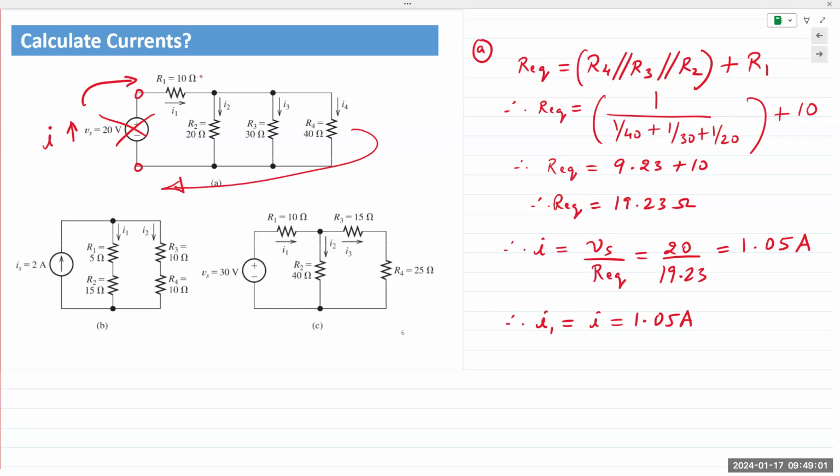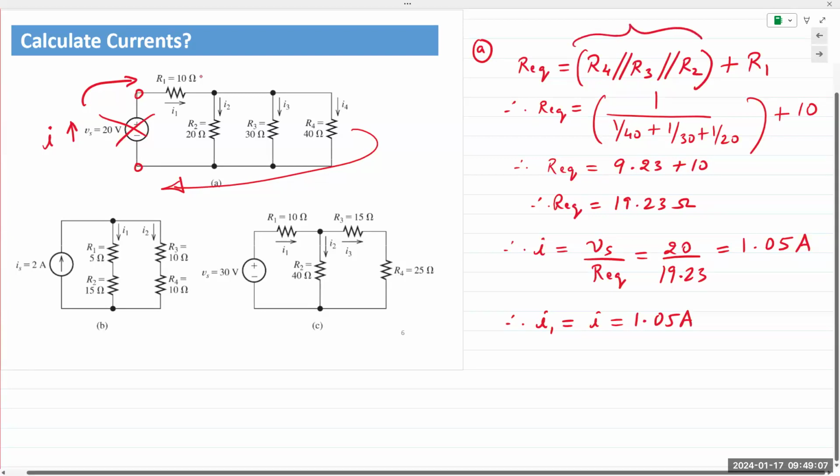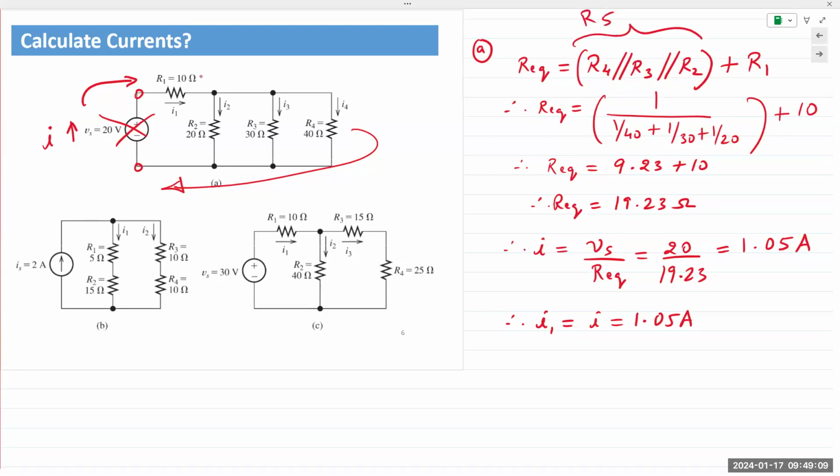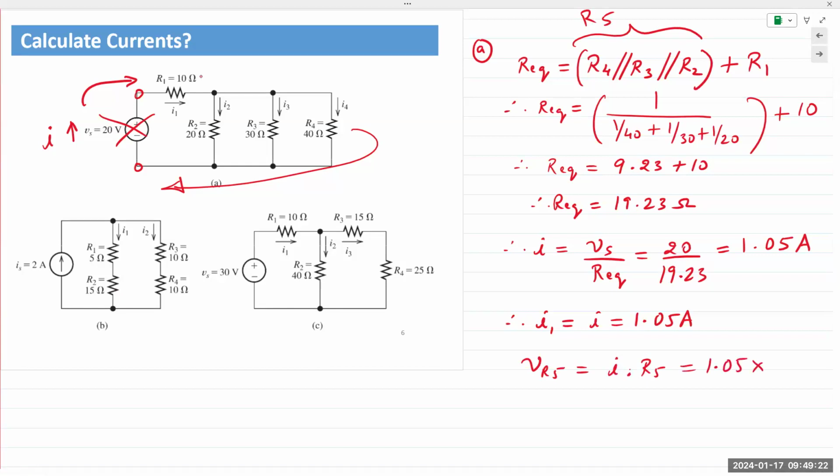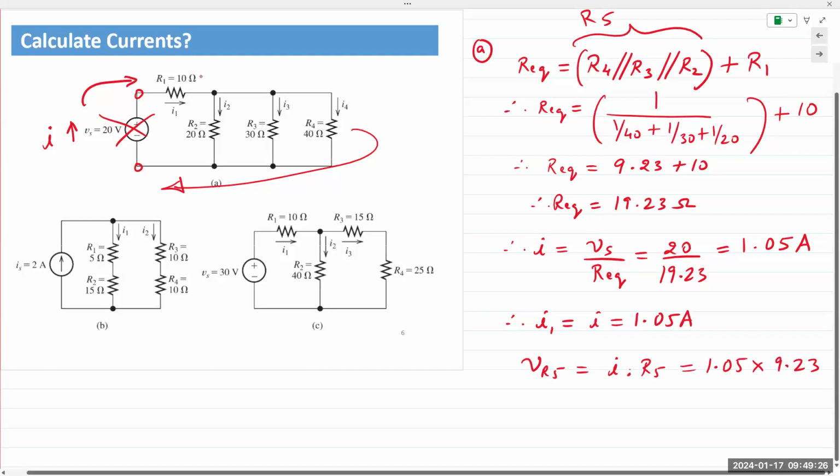So I'm going to call this R5. VR5 can be calculated as I times R5, which is 1.05 times 9.23.